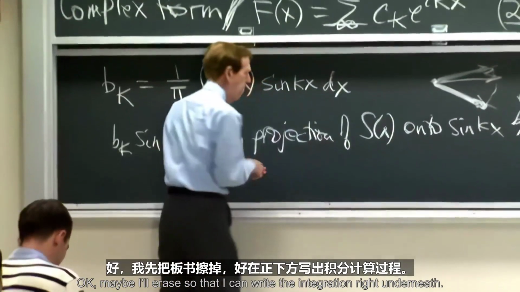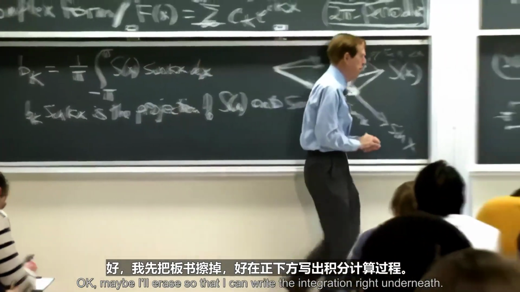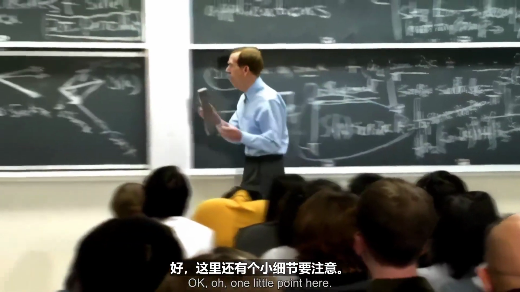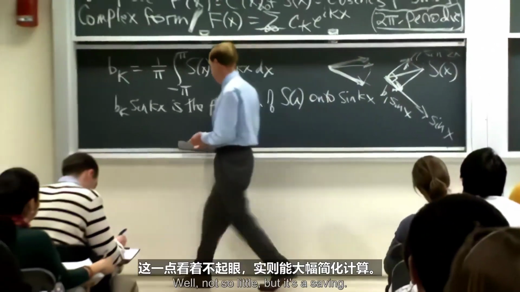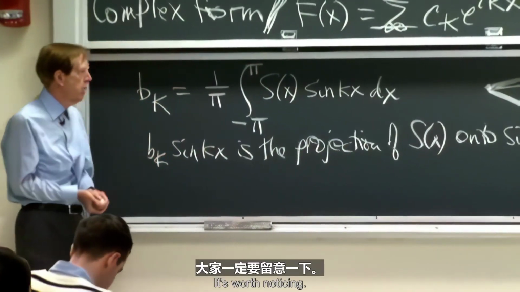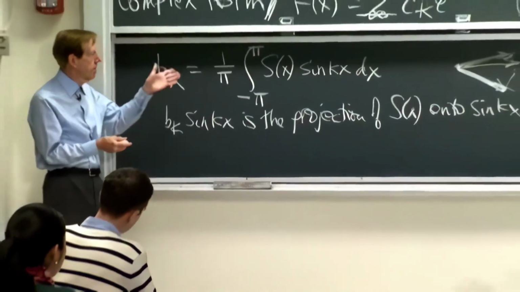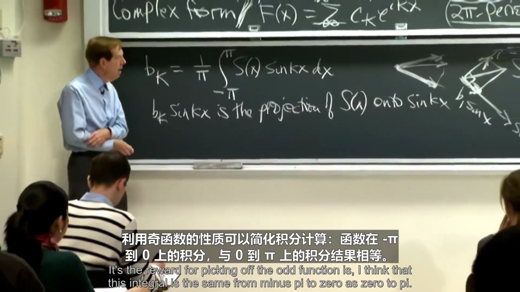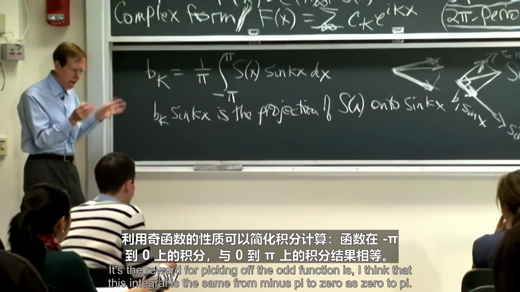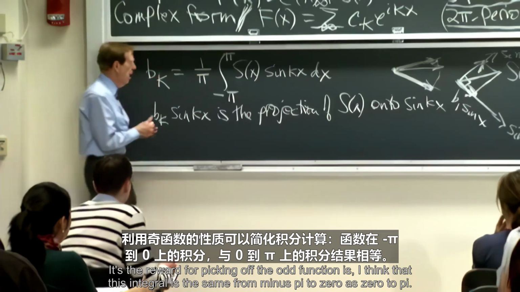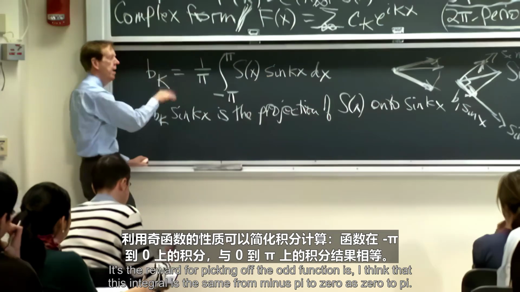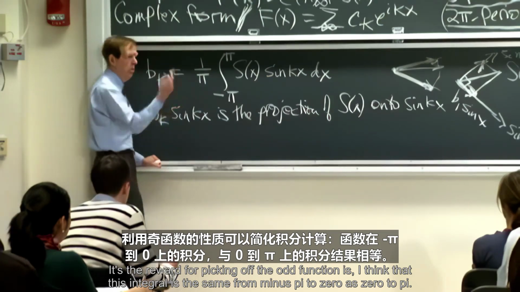Maybe I'll erase so that I can write the integration right underneath. Oh, one little point here. Well, not so little, but it's a saving. It's worth noticing. The reward for picking off the odd function is, I think, that this integral is the same from minus pi to 0 as 0 to pi.